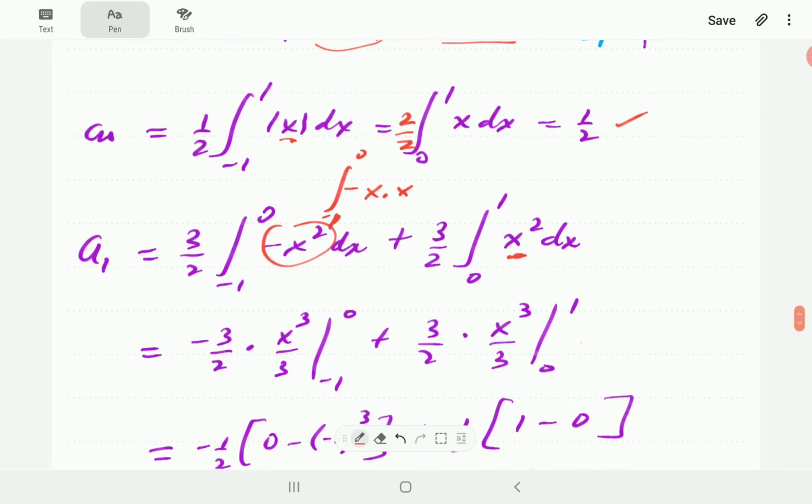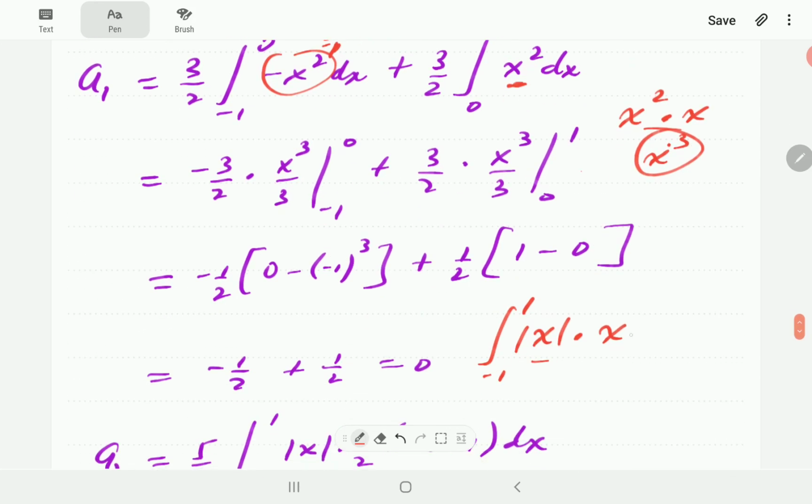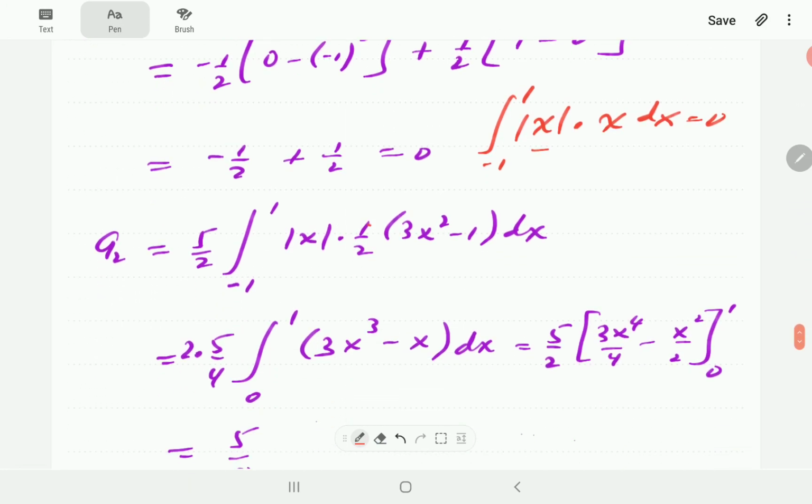So for instance, x squared is even, and if you multiply it by an odd function, say x, this gives us x cubed, which is odd. So this function here is odd, and because we've got a symmetric integral, that's going to be 0 straight away.